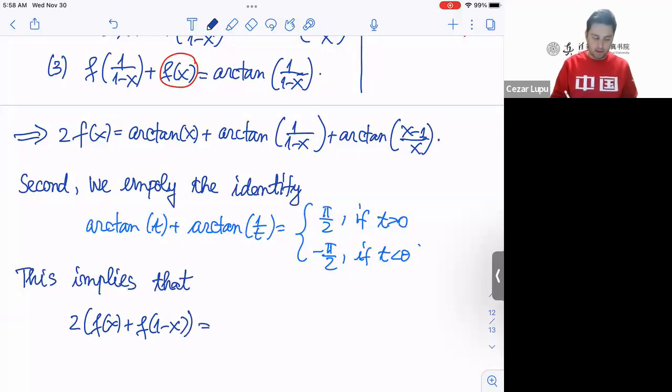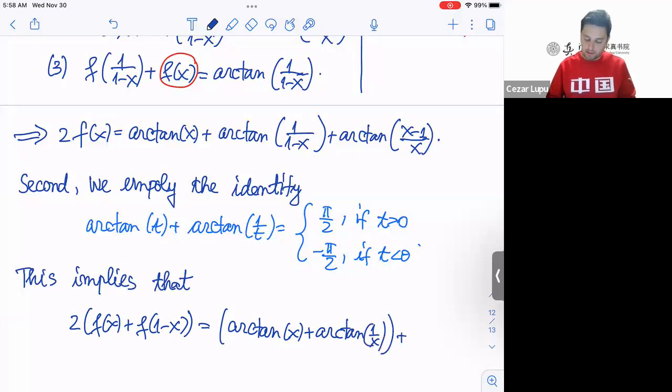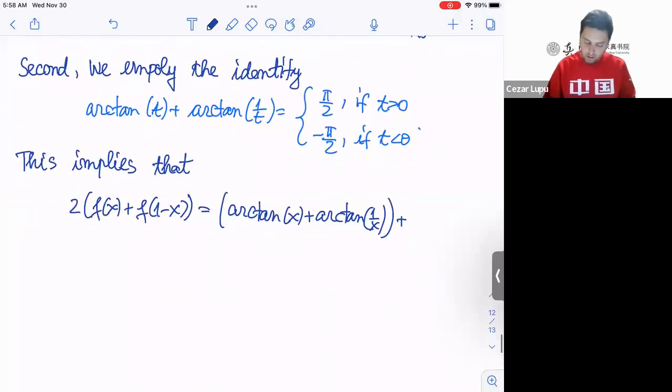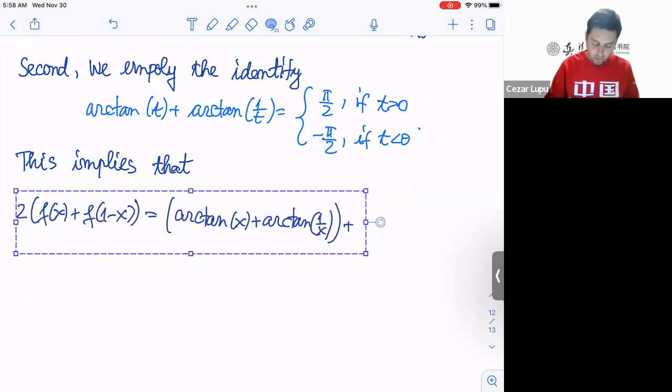This is nothing else than, well, if we put everything together, let's do it this way. So this will be arctan of x plus arctan of 1 over x. Okay, great. Plus, in fact, let me move this a bit so I have more room.